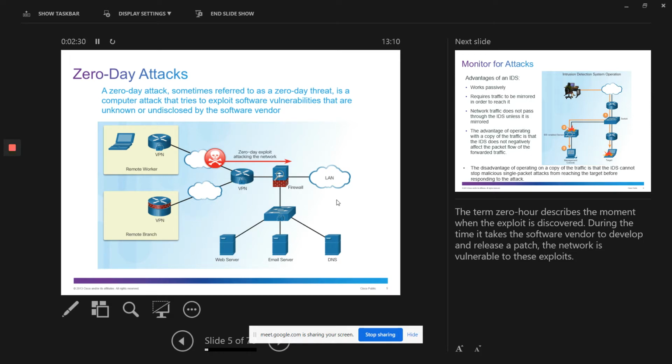For example, sometimes you hear about a zero-day Windows attack. Those are attacks which Microsoft was not aware of, or which were not disclosed by Microsoft, and they have been exploited by hackers. They are known as zero-day attacks.